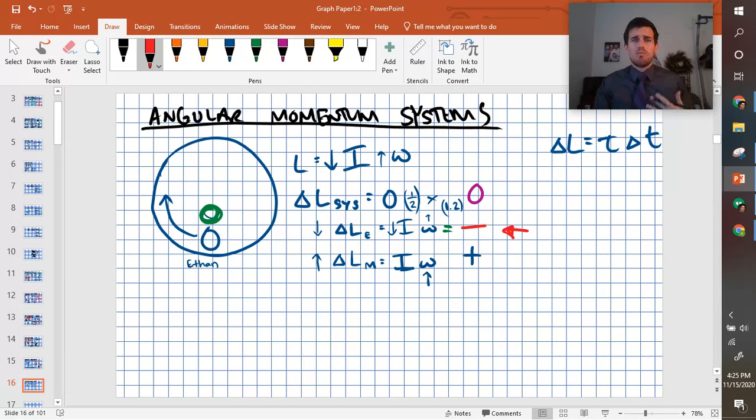But this is a little bit confusing, and they do make it easy on AP exams to get this question wrong, because trying to figure out where the torque exists is a little more challenging. So let's talk about what would actually happen if Ethan threw a ball across this merry-go-round.